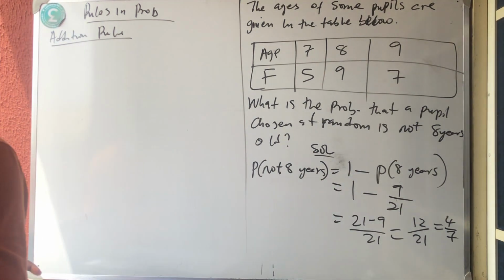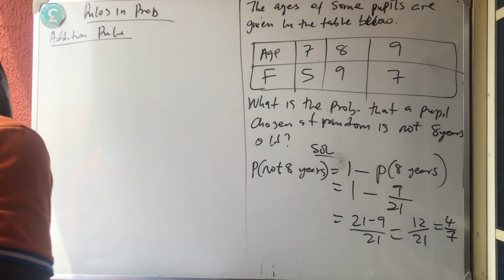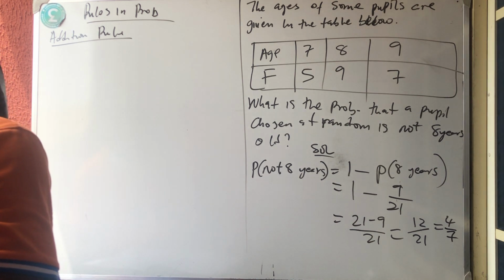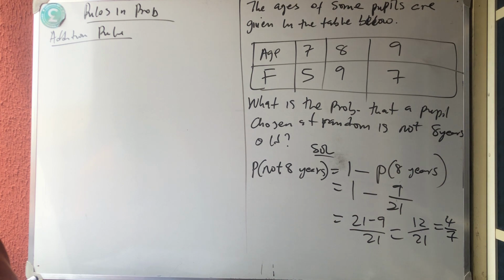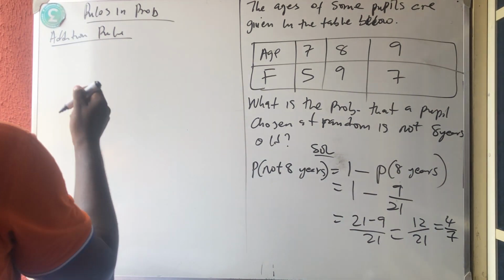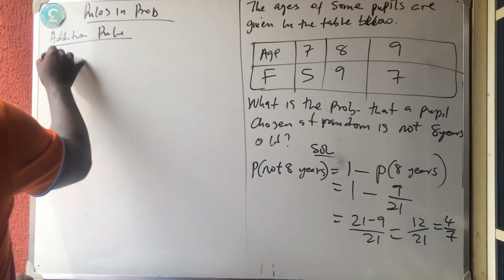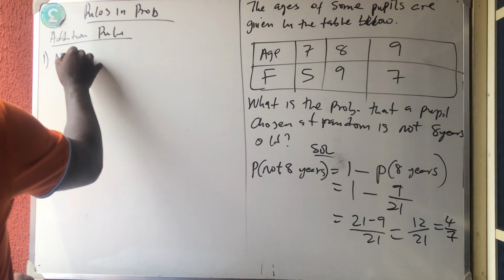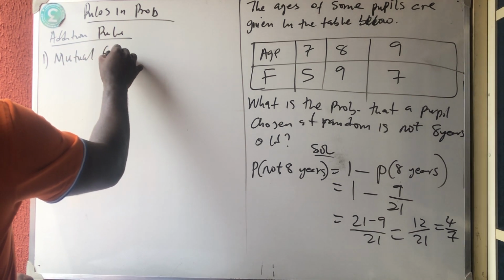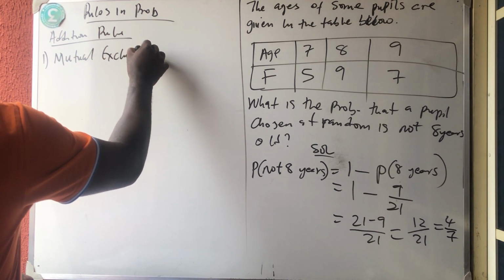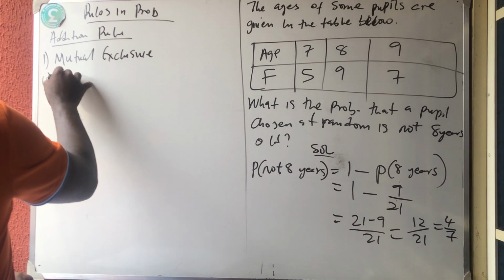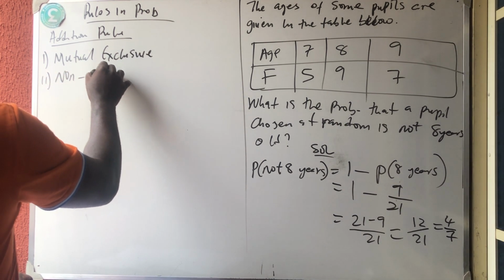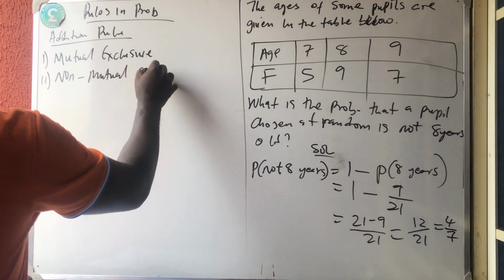Under the subheading addition rule, we have twin concepts, namely mutual exclusive and non-mutual exclusive.